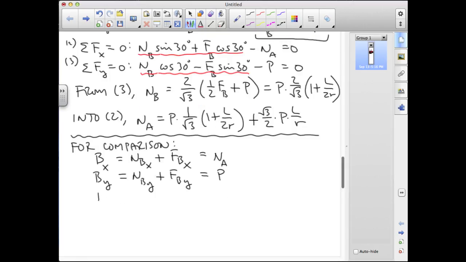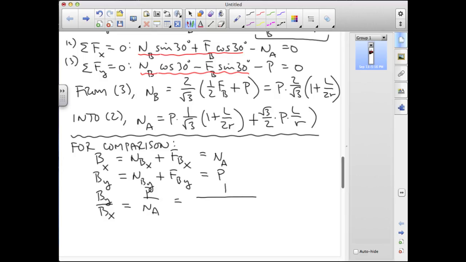So we'll just note from this that the ratio of the y component to the x component at B is the ratio of P to NA, but we actually have this expression right here that gives us NA as a multiple of P, and so this ratio actually just depends on geometry.